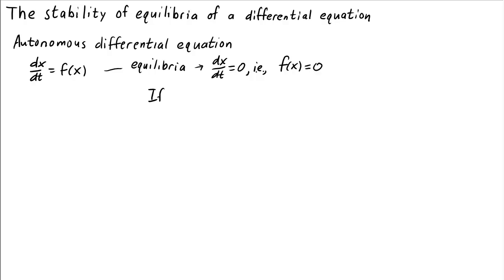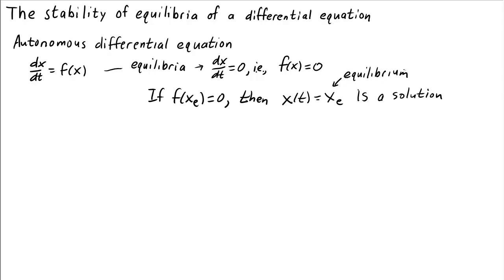If f of some number, x sub e, let's call it, is equal to 0, then x of t being constantly equal to that number, x sub e, is a solution. This constant solution is an equilibrium. And it's a solution because d/dt of a constant is 0, and f of that constant is also 0.